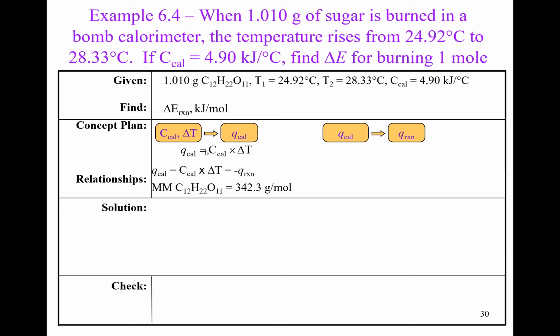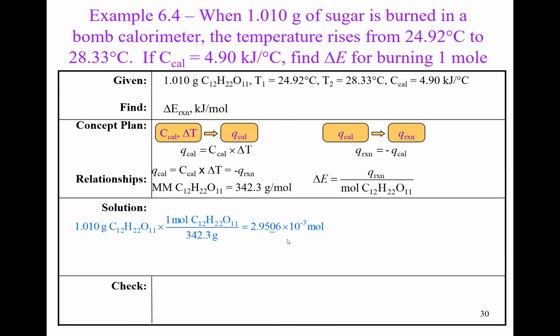So we want to go through and find the heat that the calorimeter went up, and we know that that heat came from the reaction. Then last, it wanted it on a per mole basis, so we'll take that heat that we find for the reaction and divide it by the total number of moles, which I think this is glucose, but I forget offhand.